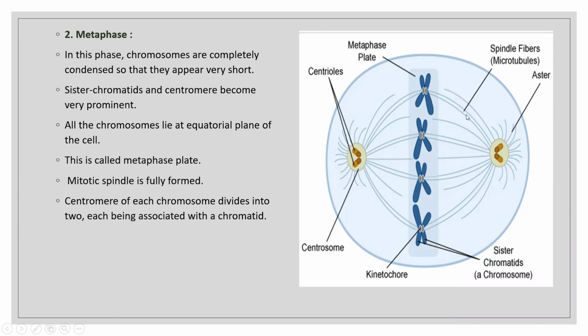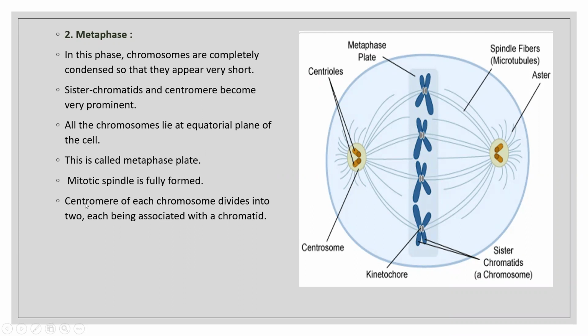This tubulin has the capacity to extend and elongate, and that is why it has the capacity to pull the chromosomes. That we'll see in anaphase. So this was about metaphase.